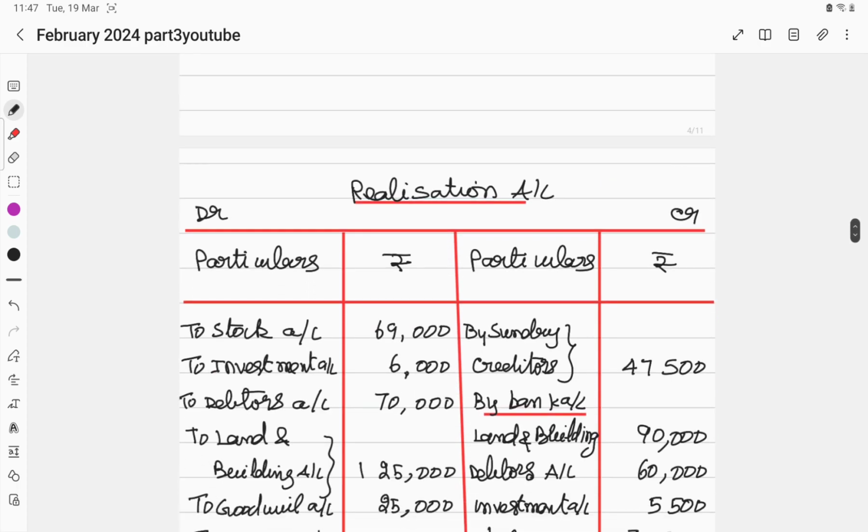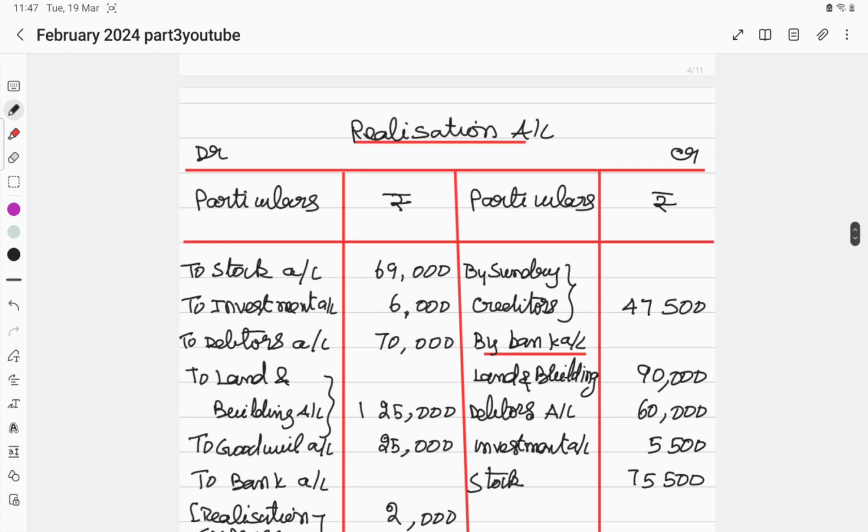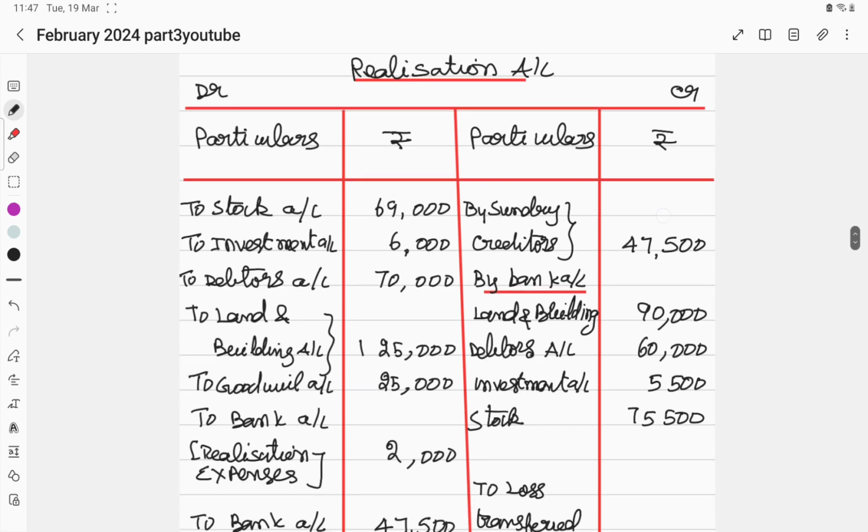So here in the realization account, from the balance sheet: stock 69,000, investment account 6,000, debtors account 70,000, land and building 1,25,000, goodwill account 25,000 are transferred to the debit side. Like that, creditors 47,500 are transferred to the credit side.